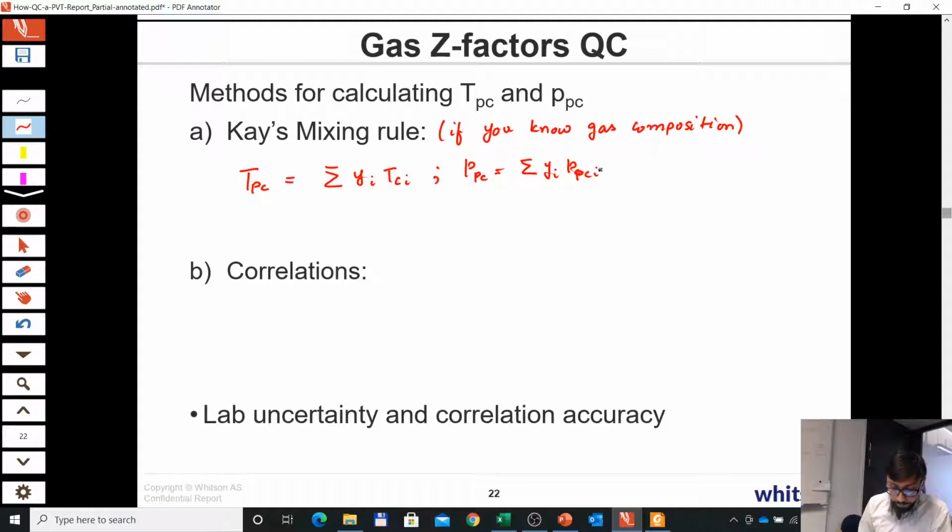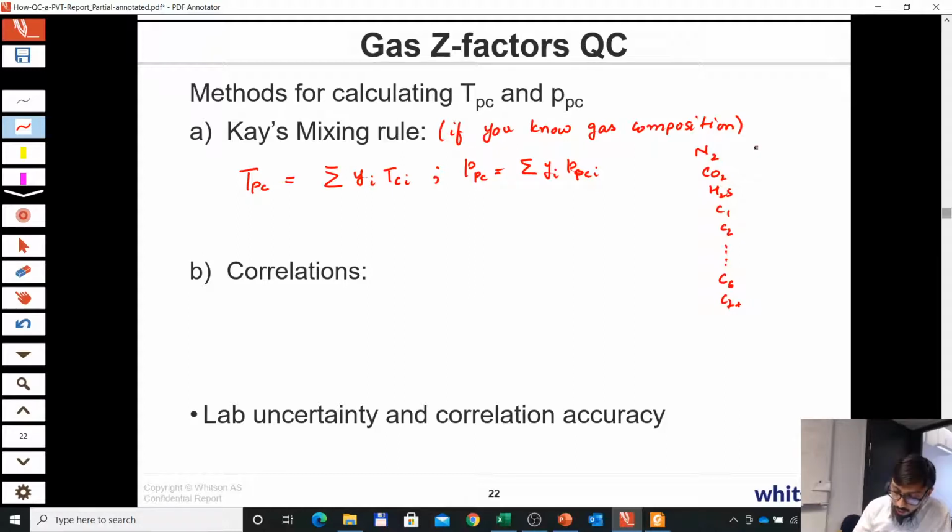Okay, so you need to know the gas composition, for example, the amount of nitrogen, CO2, H2S, C1, C2, and so on until, for example, C6, and then you will have a C7 plus fraction.